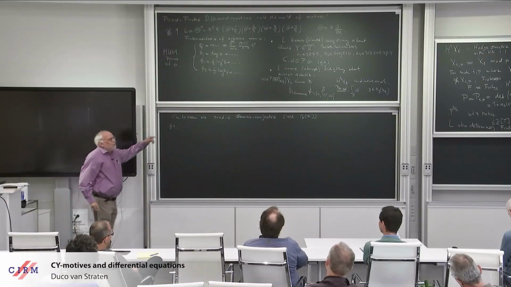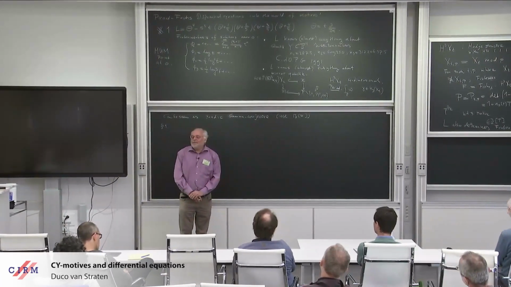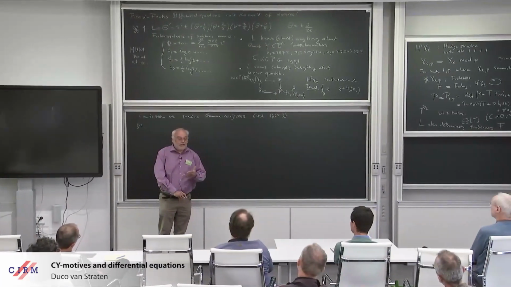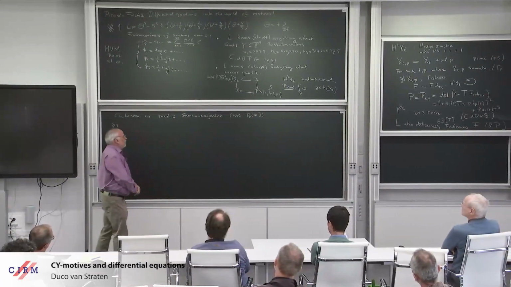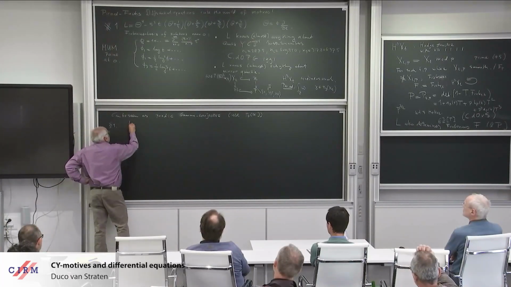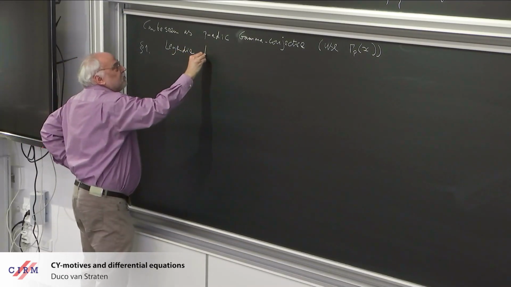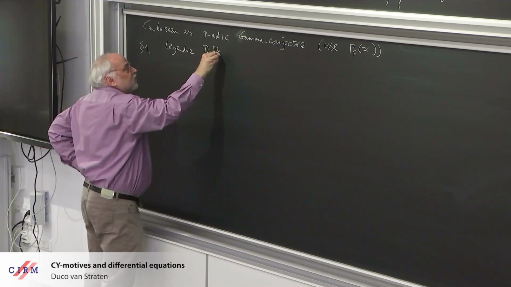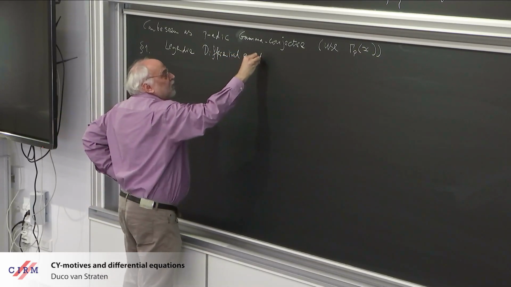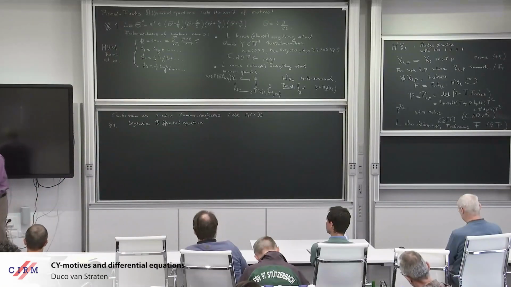So in order to understand these things, it is maybe good to go to the very simplest example where you have such a differential equation determining the arithmetic of a variety. This is the Legendre differential equation, which you probably all know very well.